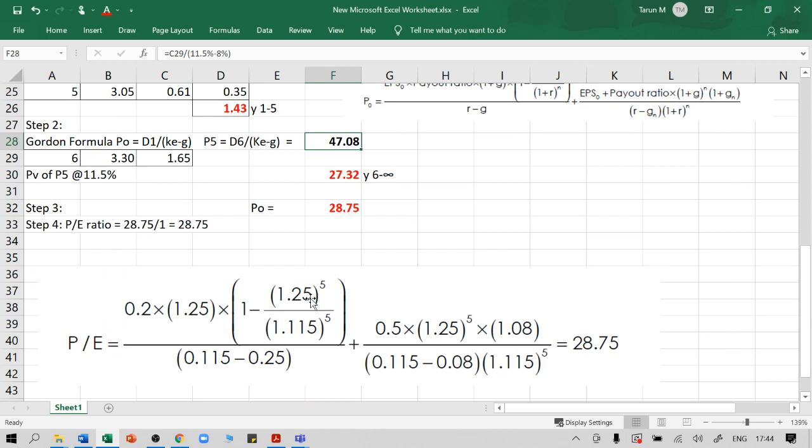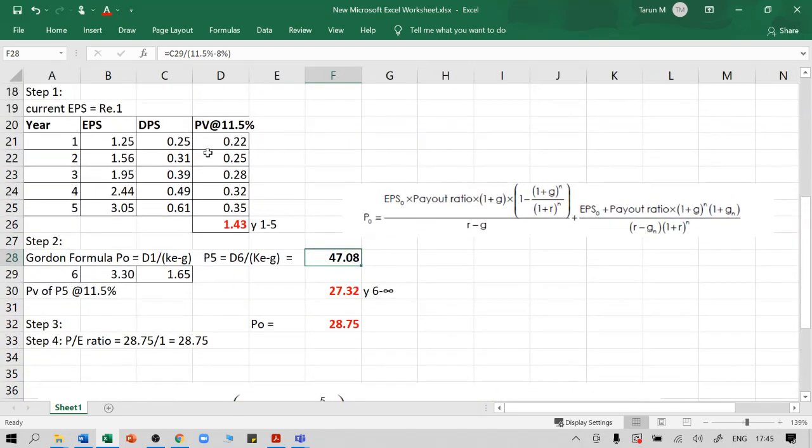I mean the common ratio is actually 1.25 divided by 1.115. This is the common ratio. So this is 1 minus common ratio raised to the power n, divided by the cost of equity minus the discounting rate. If you solve this part, it is nothing but a shortcut for this table.